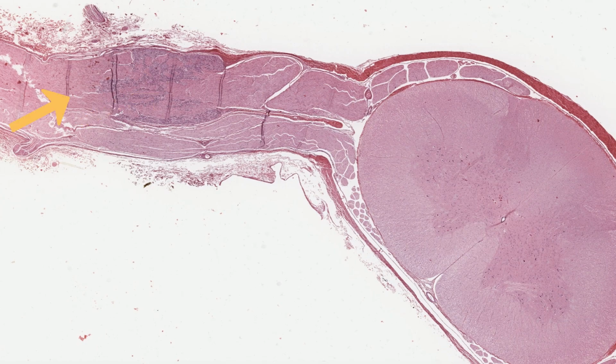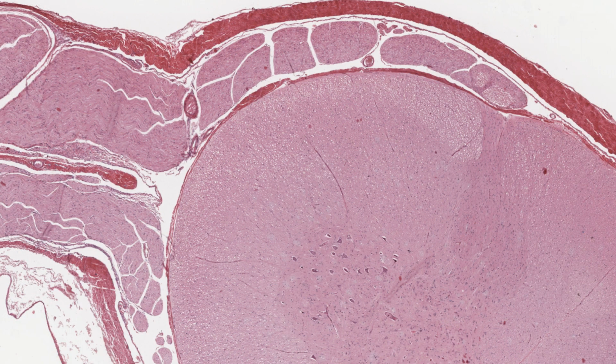Something worth noting in this image is that all three meningeal layers cover the spinal cord and extend over all the dorsal root ganglia. This outermost thick, dense, fibrous layer is the dura mater.